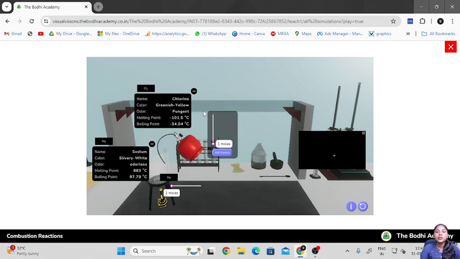The color is greenish yellow. It has a pungent odor. Its melting point is minus 101.5 degrees Celsius and boiling point is minus 34.4 degrees Celsius. So we will take 4 moles of this Na, plus 4 moles of chlorine.